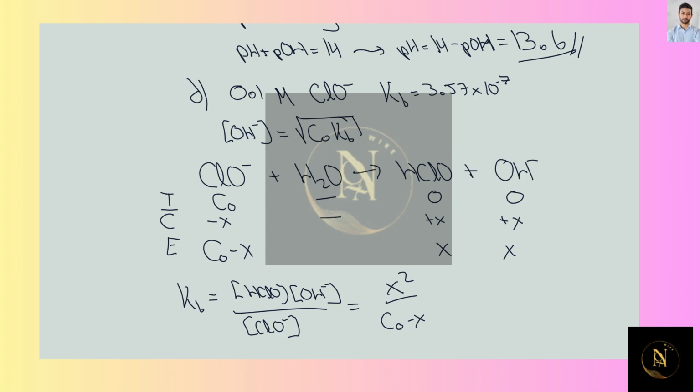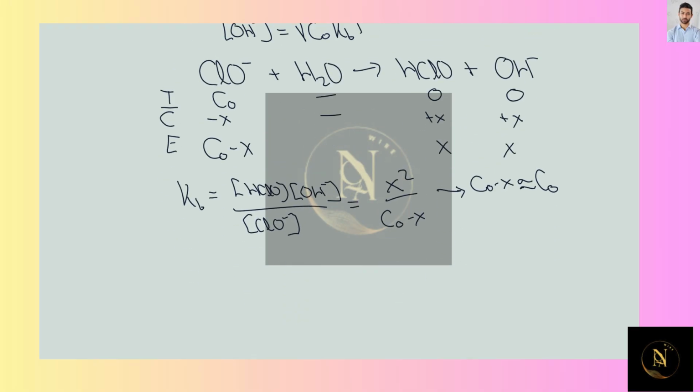We do the same approximation, and we are assuming that C0 minus x is approximately equal to C0 because of the value of Kb. We assume that the value for x is going to be much smaller than C0.